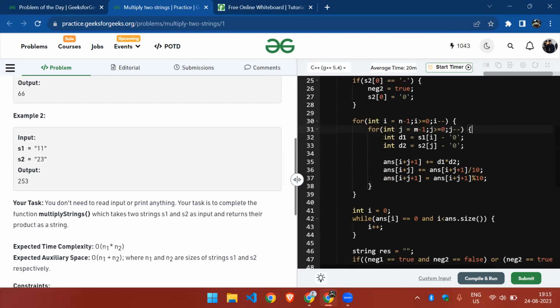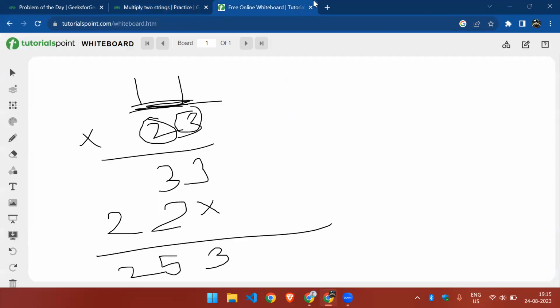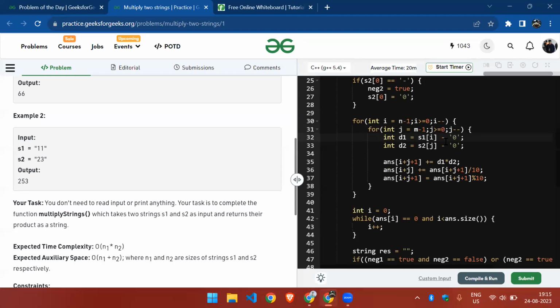I have converted the characters of the string into digits so that I can multiply them. So s[i] minus '0', the ASCII value of 0, would always give you the integer, right?